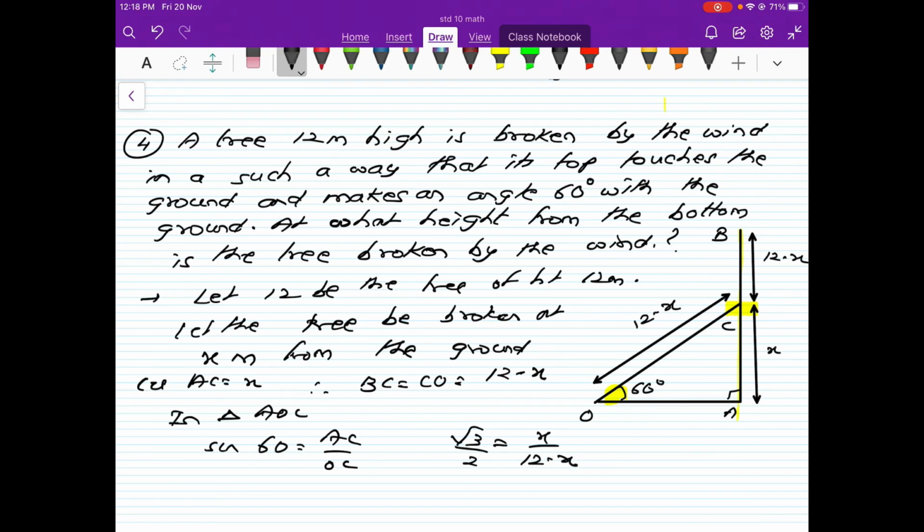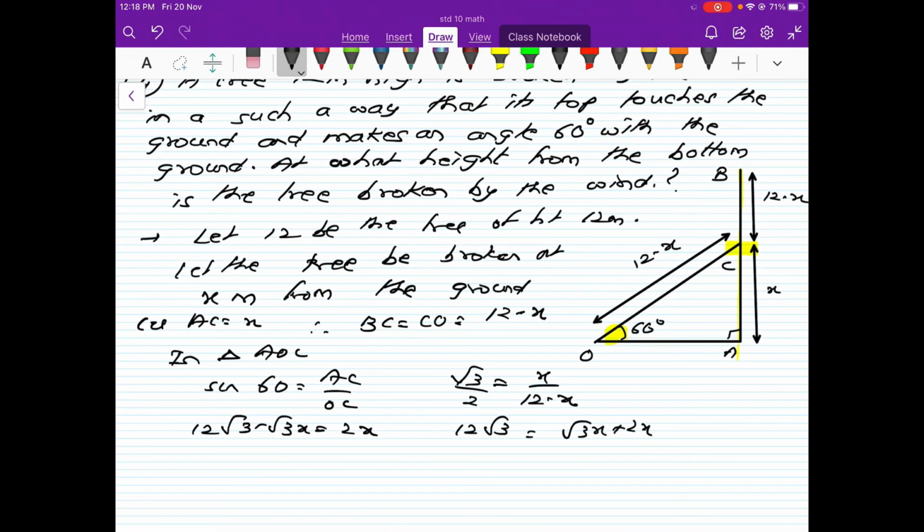So if we just cross multiply, we are getting 12 root 3 minus root 3x is equal to 2x. So 12 root 3 we will keep this side, and we will transpose this root 3x plus 2x to the other side.